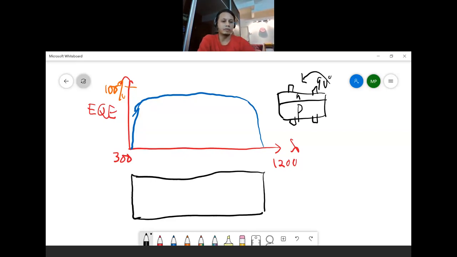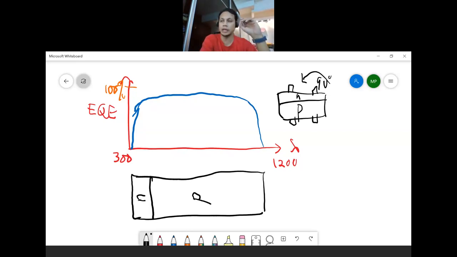Okay, so this is your N. So your PN junction is now like this. So the collection probability you can actually relate to the depth of the solar cell.